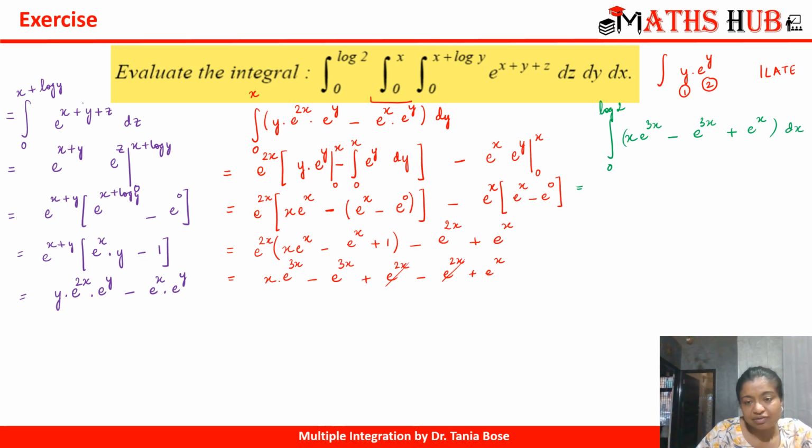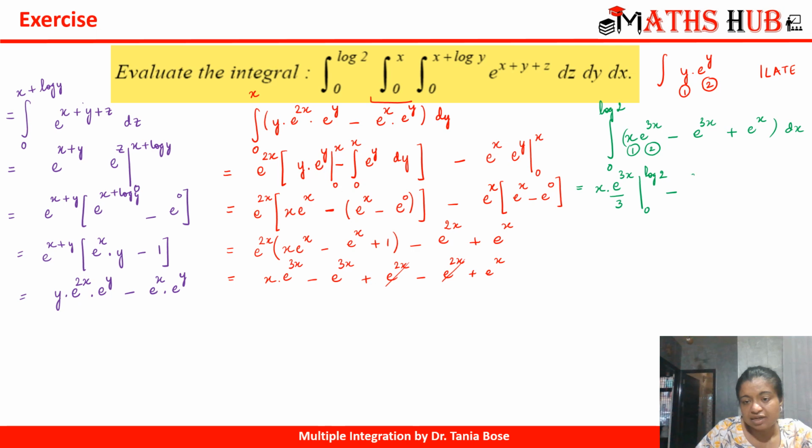So what are the integrals now? Again, we will be applying the ILATE rule over here, keeping x as the first function and e to the power 3x as the second function. So first function same, integration of e to the power 3x is e to the power 3x by 3, 0 to log 2.